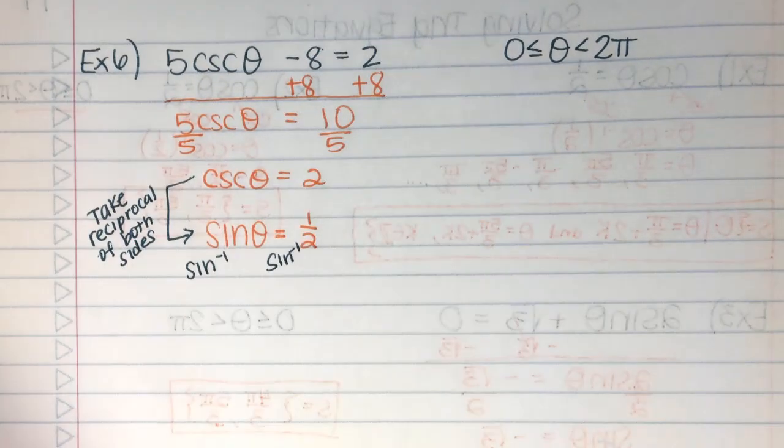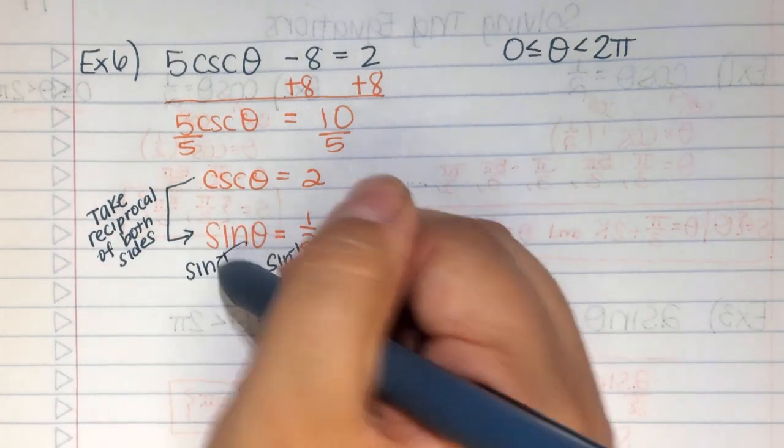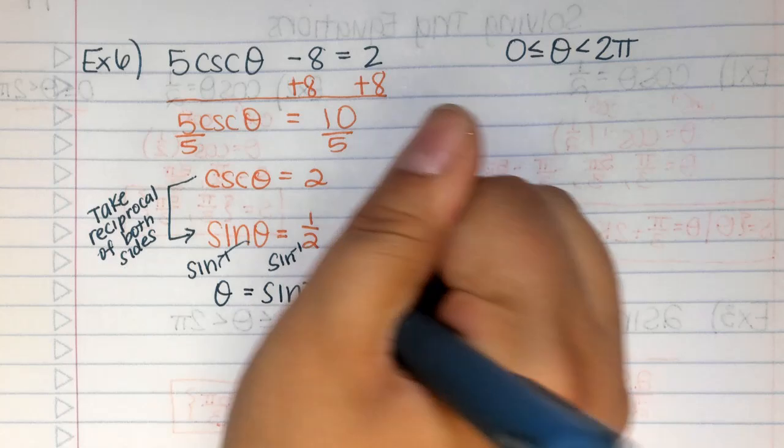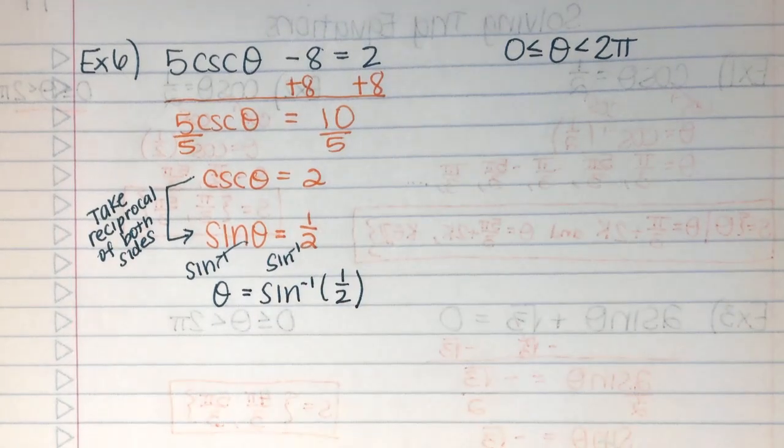Now I can inverse, and my theta equals the inverse sine of 1/2. What quadrants is your sine positive?